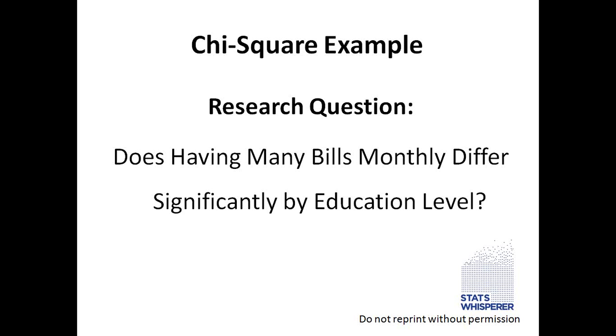So let's say we wanted to find out, does having many bills monthly differ at a statistically significant level by your level of education? So if you have a differential level of education, high school, college, graduate school, are you more or less likely to have many bills monthly?